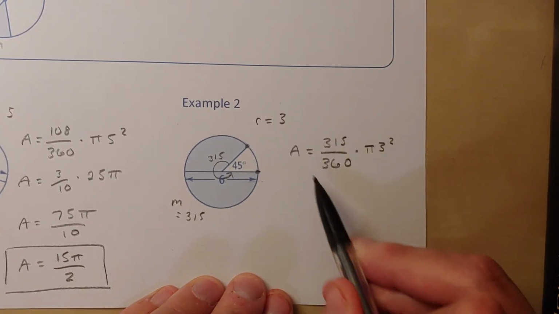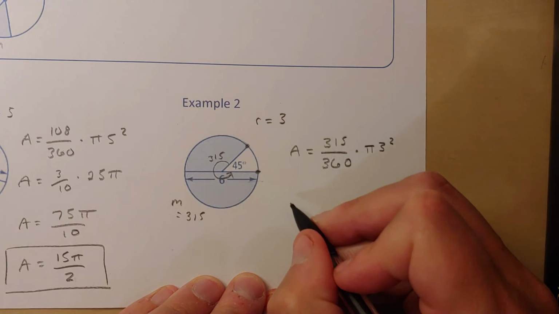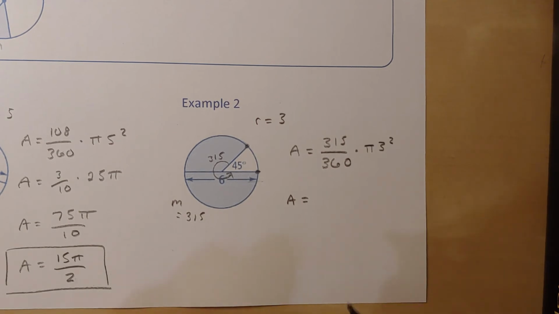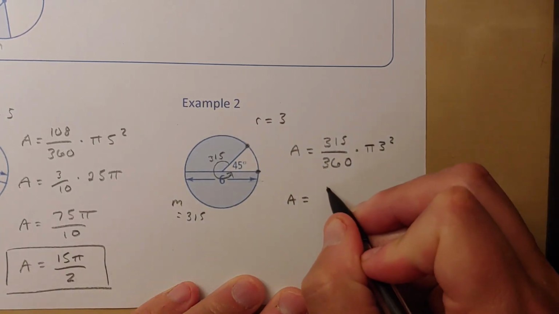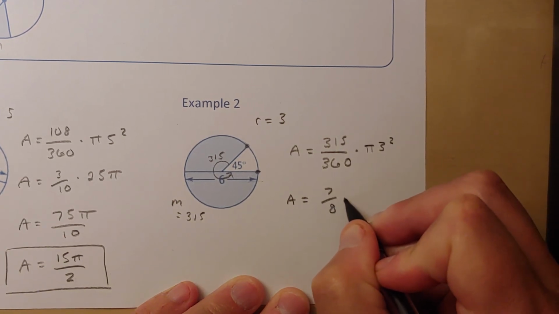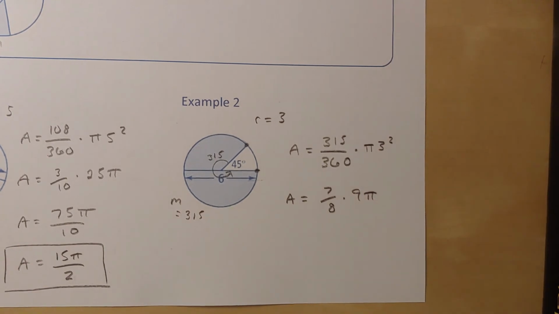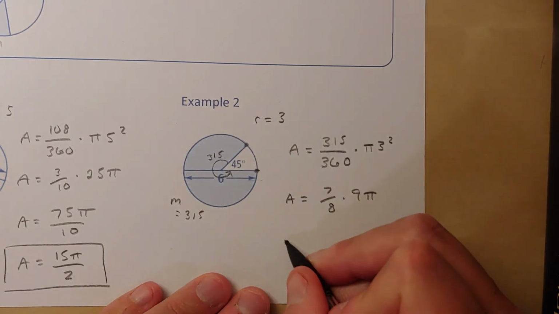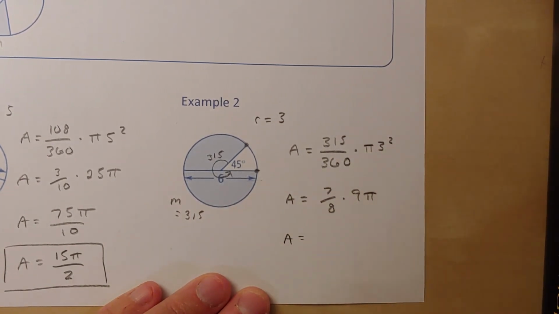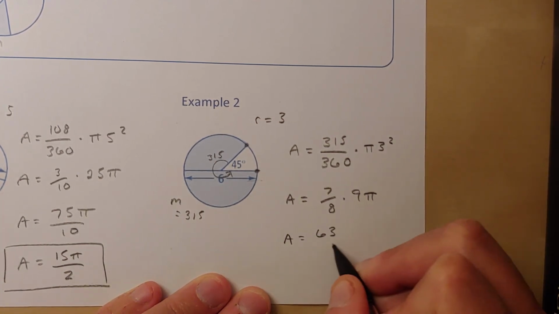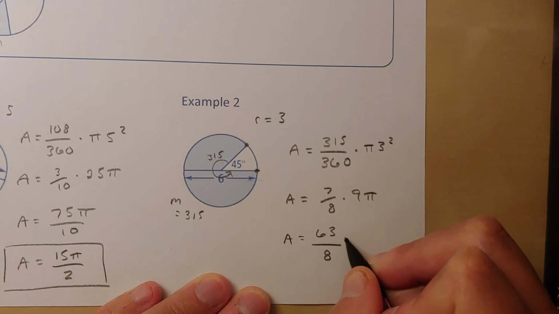Again, I'm not going to plug this all into my calculator. I'm going to simplify it down, keeping it in terms of pi. So 315 over 360 will simplify into 7/8. And 3 squared is 9. So 7/8 times 9 pi. 7/8 times 9, that's going to be 63 over 8.